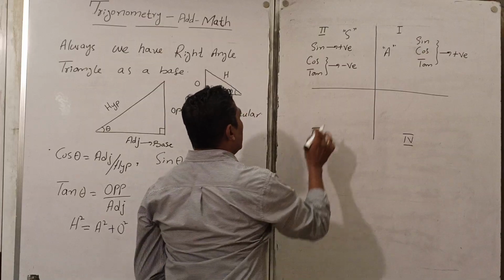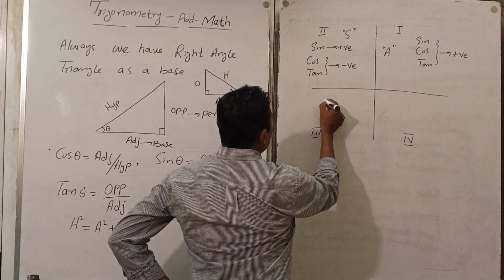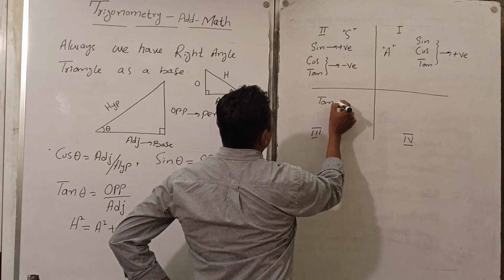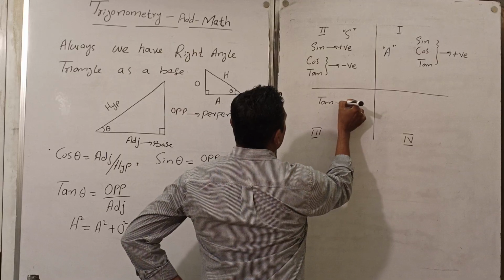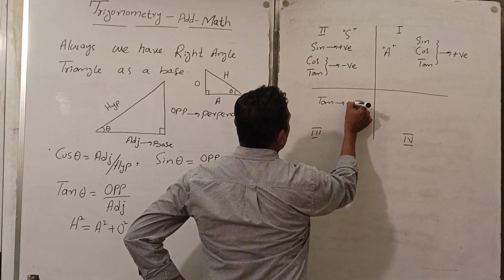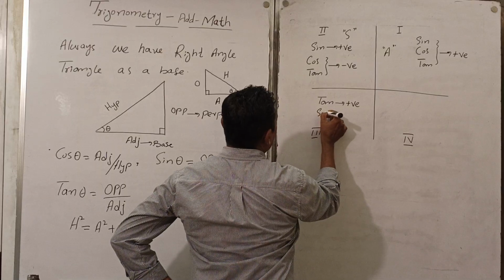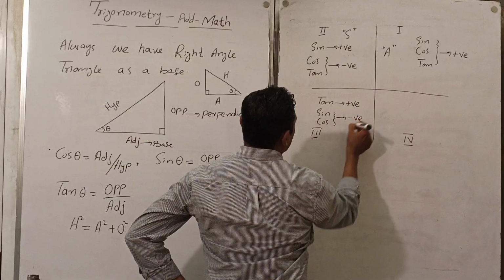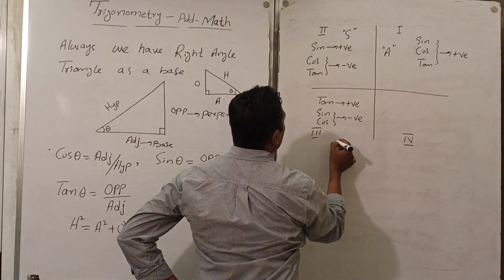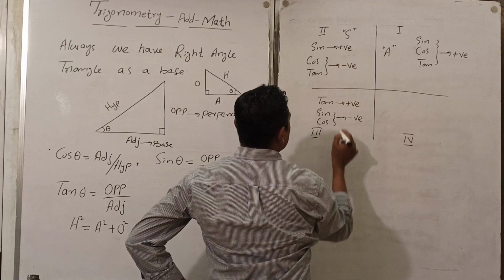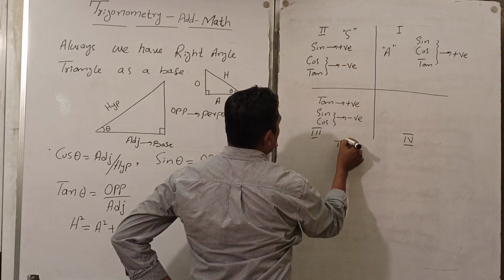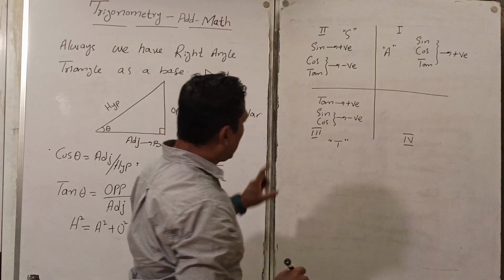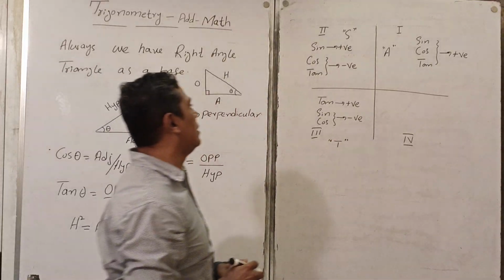Now what about the third quadrant? Here you will have tan positive. Sine and cos are negative. So that's why we write here AST. Clear? AST. What about the last quadrant?